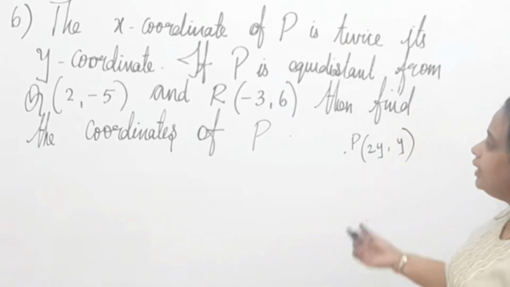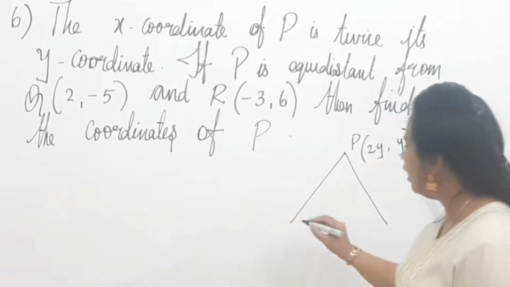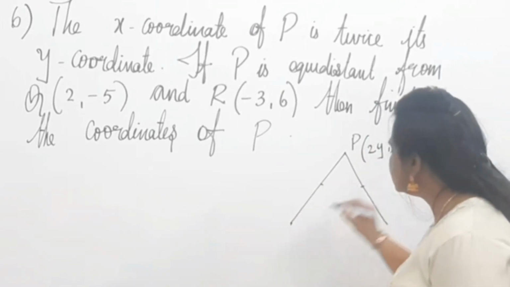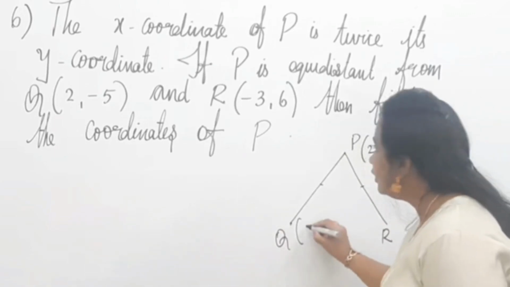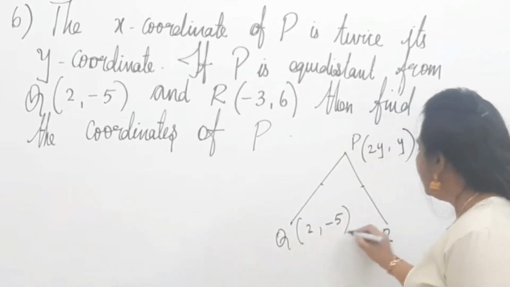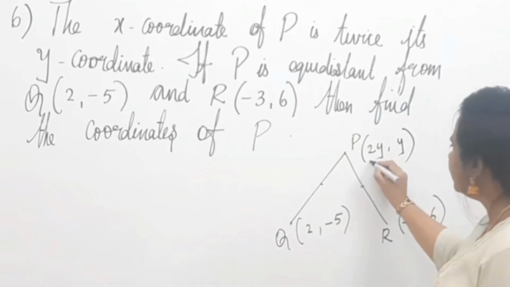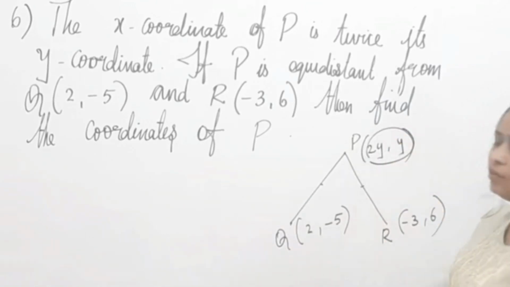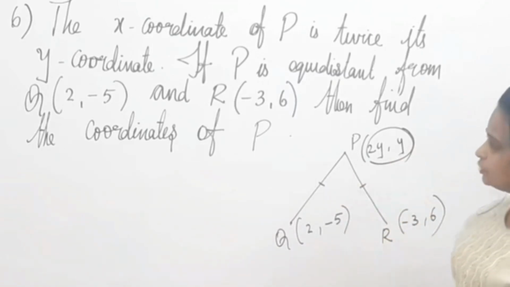And P is equidistant from the points Q and R, so these distances are equal. Q and R are 2 comma minus 5 and minus 3 comma 6. We have to find the coordinates of P. Now you know that this is equal to this one.